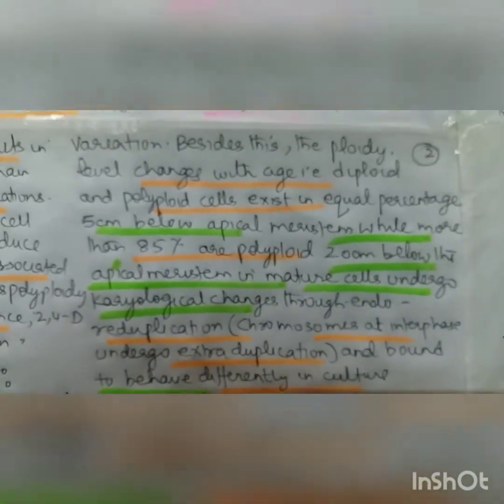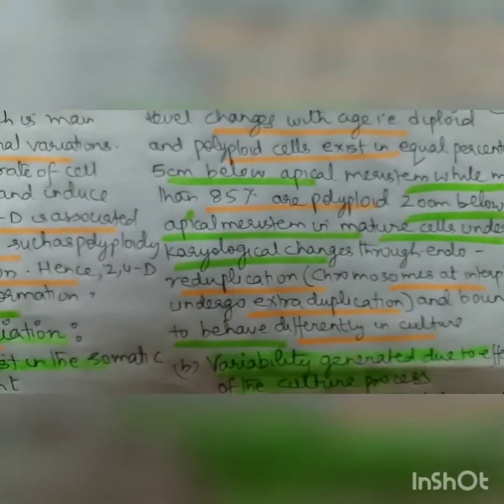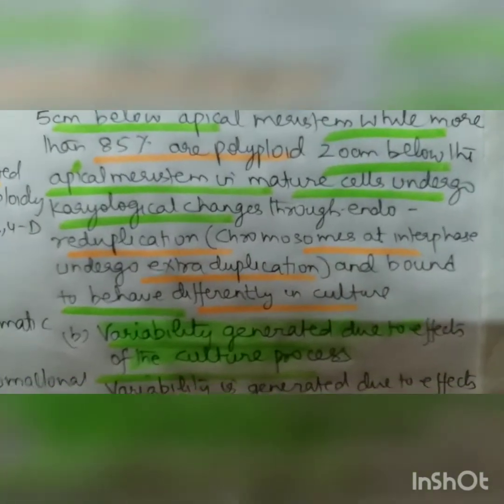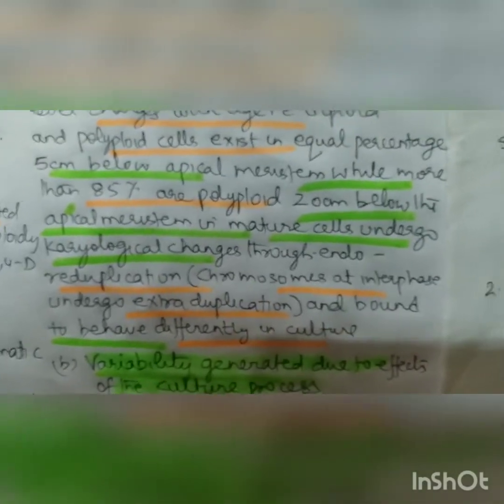So it is preferable to use the shoot apical meristem from the tip, that is up to 5 cm, no, 2.5 cm, because after that the chances of polyploidy will increase till 20 cm, where 85% are polyploids. When we culture, we will definitely get somaclonal variation because the cells they have are polyploids.